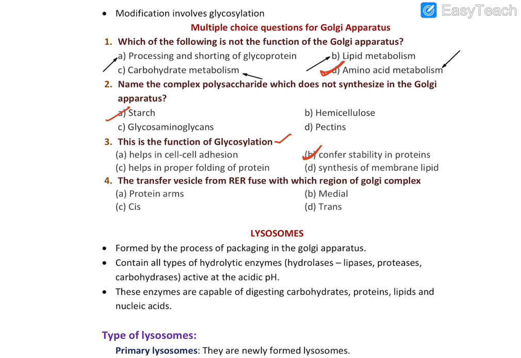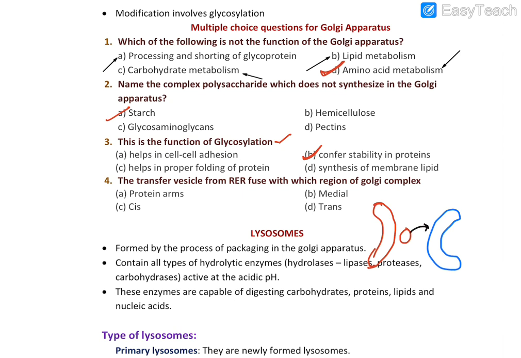The transfer vesicle from the rough endoplasmic reticulum fuses with the region of the Golgi complex at which face? For example, this will be the rough endoplasmic reticulum. This is the vesicle that is released. Then this represents the Golgi apparatus, the convex region. This vesicle fuses with the convex part.